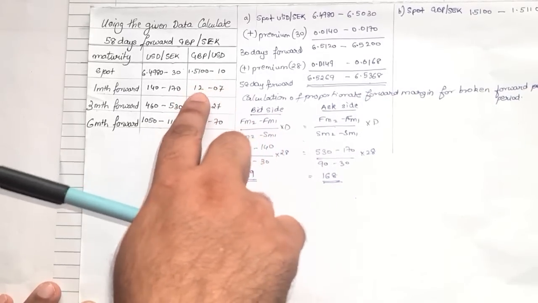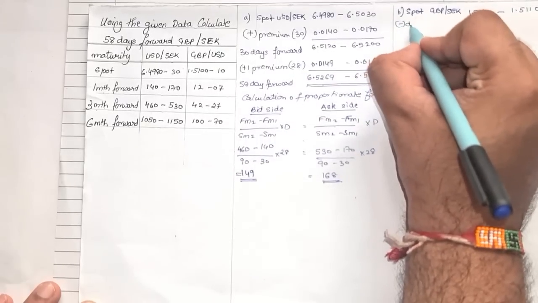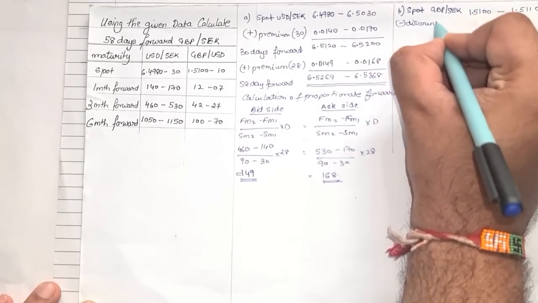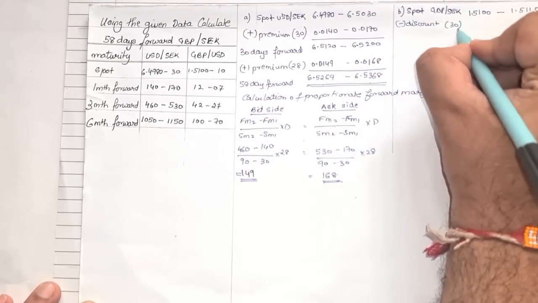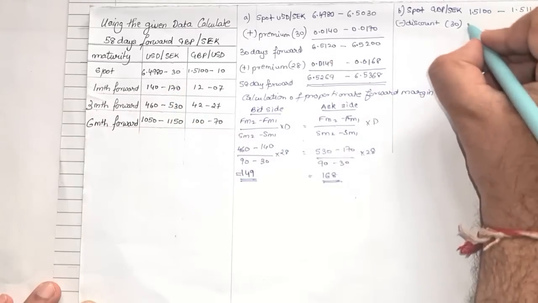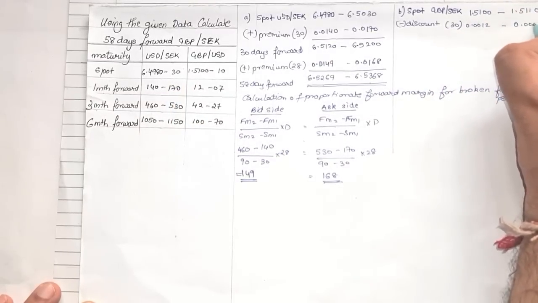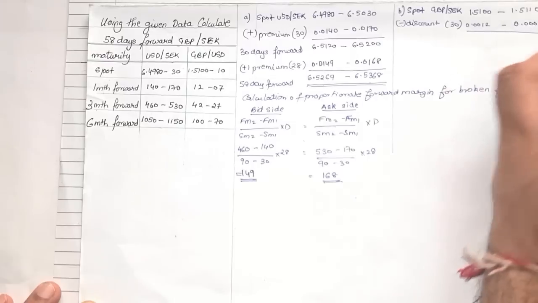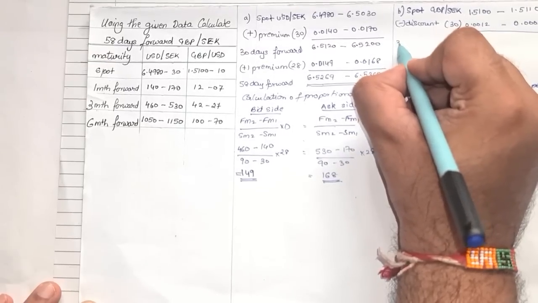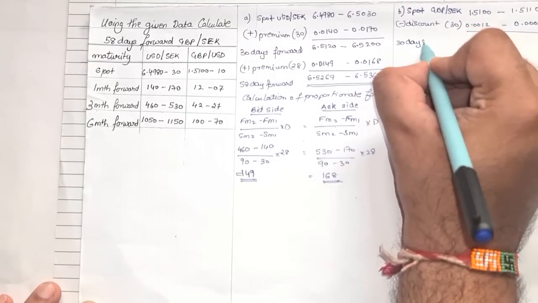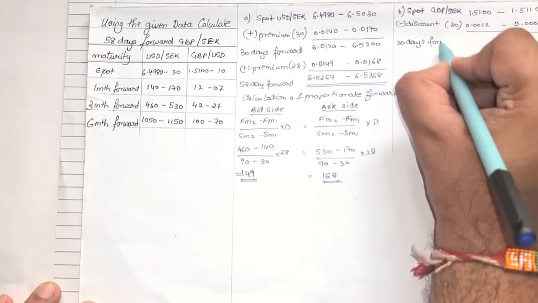Spot is more, the bid is more than the ask, so it is a discount. So less discount, again 30 days discount it will be because 1 month, so it is 0.0012 and 0.0007. I will subtract this and I will get this as 30 days forward.